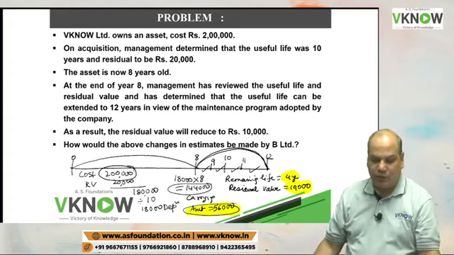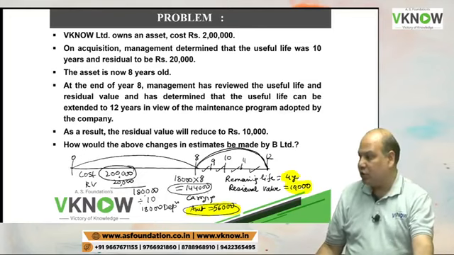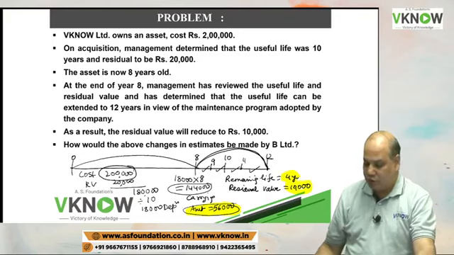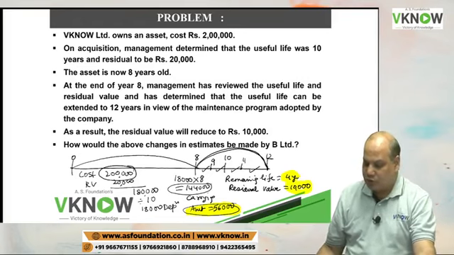How much will be the depreciation charge, and will it be prospective or retrospective? Whether the revision in the depreciation will be prospective or retrospective, and how much depreciation would be charged in year 9, 10, 11, 12. Assume straight line method.